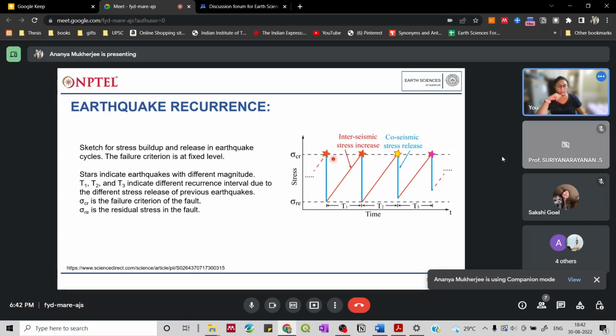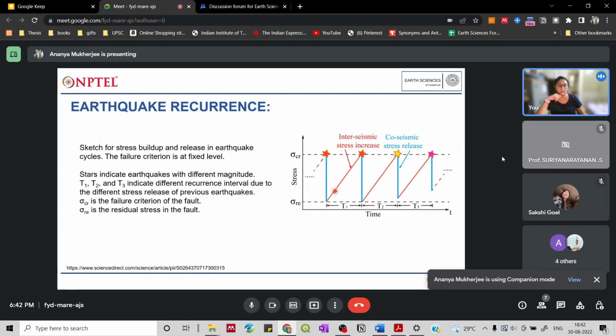Now you plot stress against time over here. Suppose you know the critical failure criterion that we measure with respect to the parameters of the fault that is causing the earthquake. We see that between two earthquake events, the stress keeps rising. This is interseismic stress.